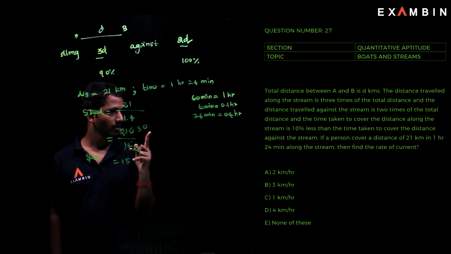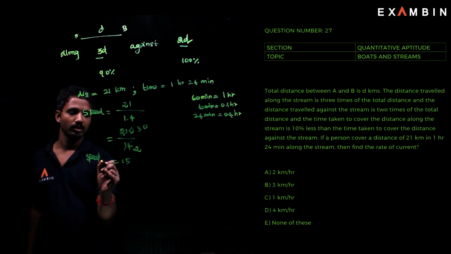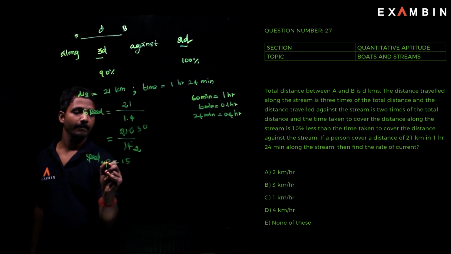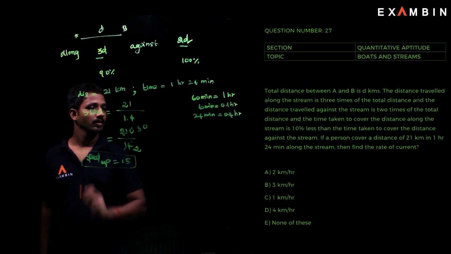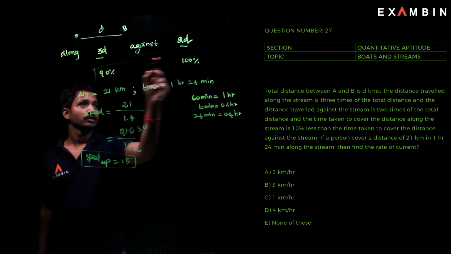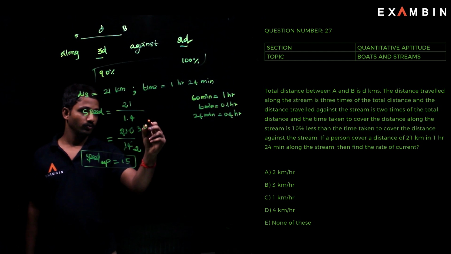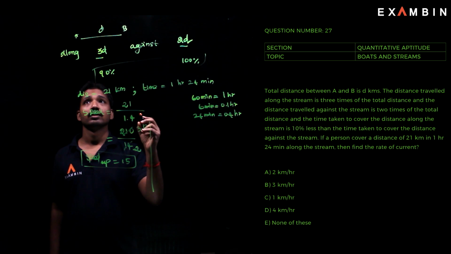Again, if a person along the stream, speed along the stream. So speed along the stream is speed up. Okay. And the next thing is given 90%, 100%. So we are using that now to find out the rate of current.